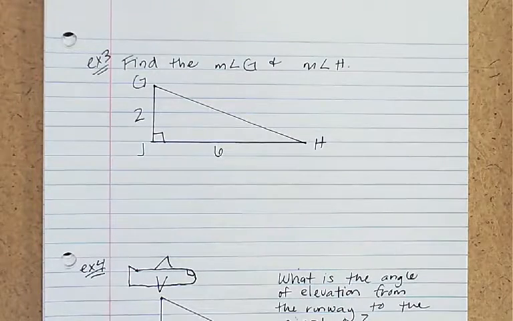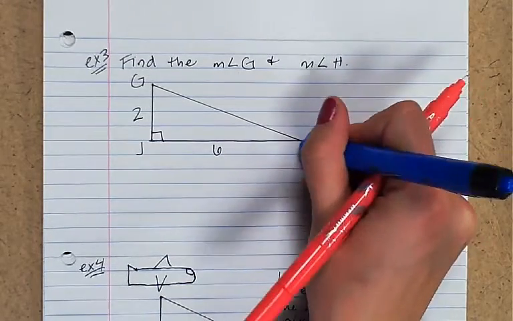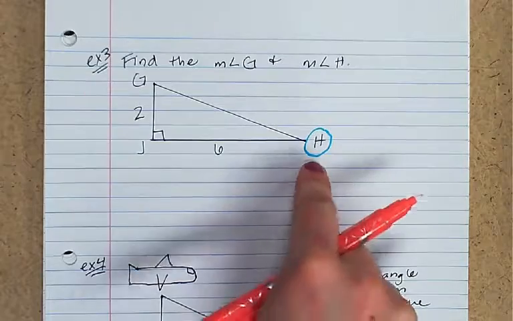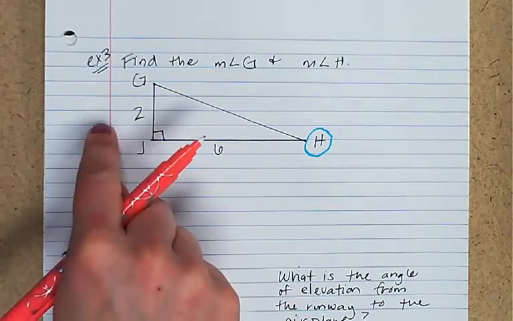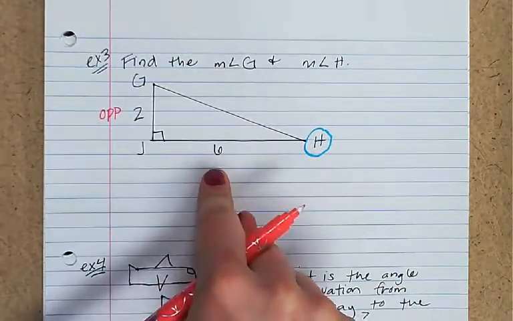Our next example says find the measure of angle G and the measure of angle H. I'm going to use angle H as my reference angle. The values that were given to me, if I'm using H as the reference angle, are opposite and adjacent.